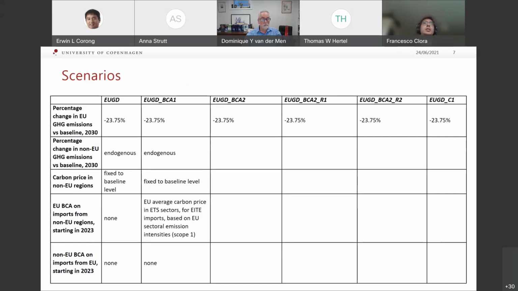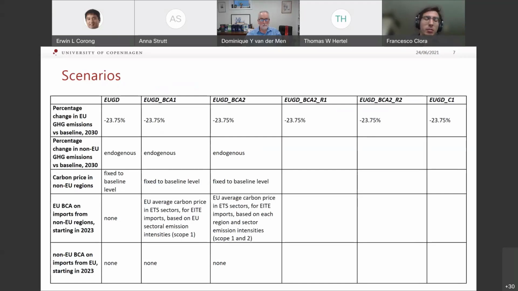And with this first design of the border carbon adjustment, the additional import tariff faced by all non-EU countries is the same, and this potentially improves the chances of WTO compatibility of this measure. Then we also model a more aggressive border carbon adjustment, which now discriminates across countries using both sectoral direct and indirect emissions.